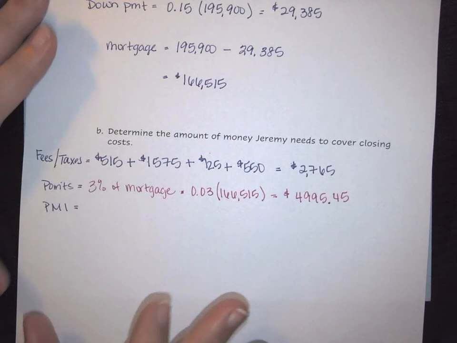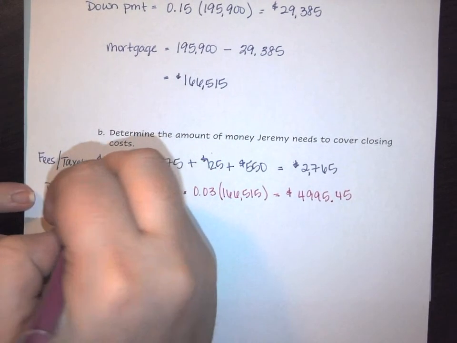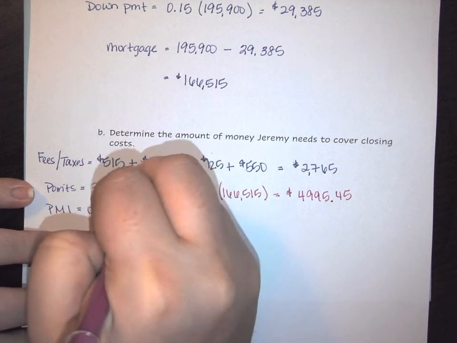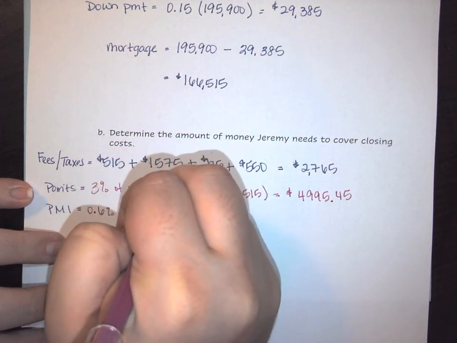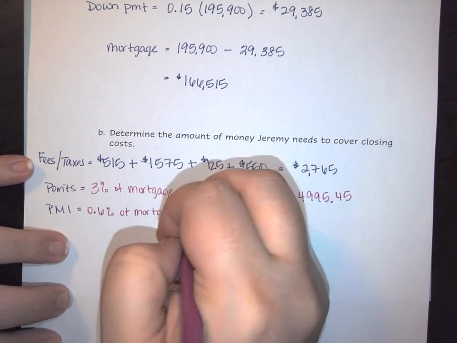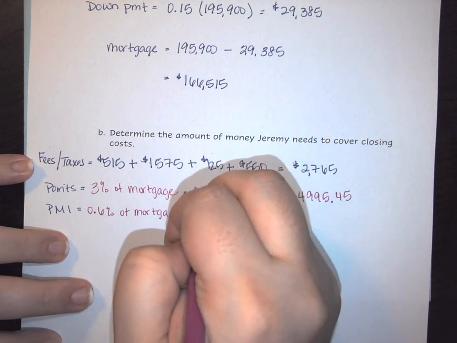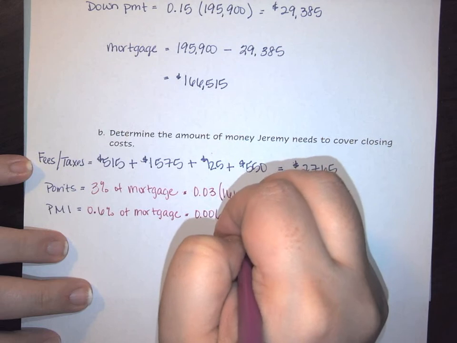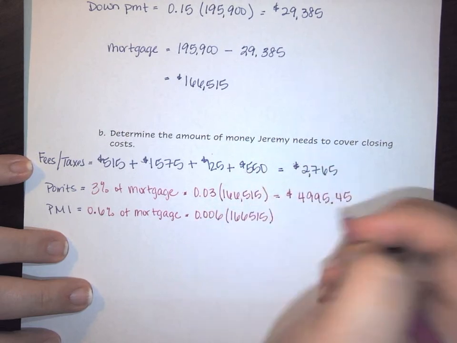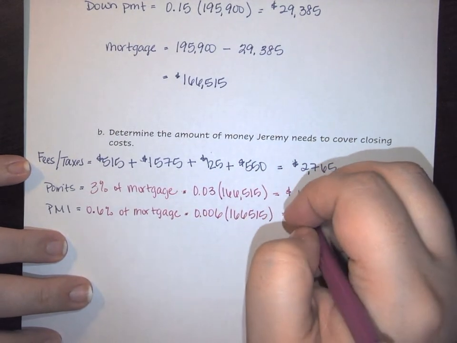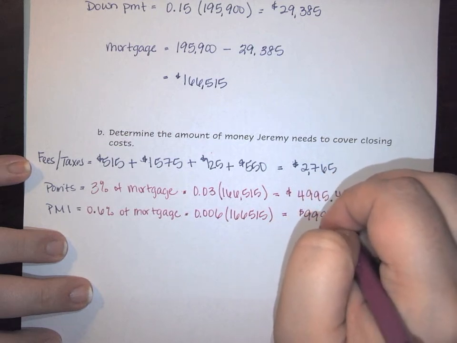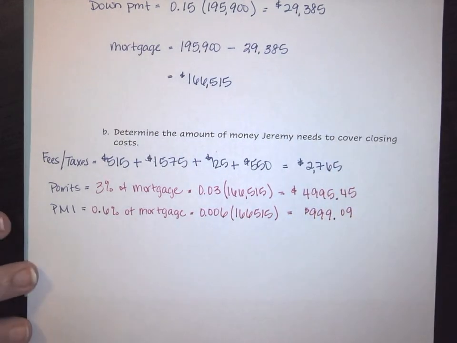So here what we're going to end up doing is we're going to take 0.6% of the mortgage. So here this is going to be 0.006 times your mortgage, $166,515, and that means you are going to pay $999.09 for your PMI.